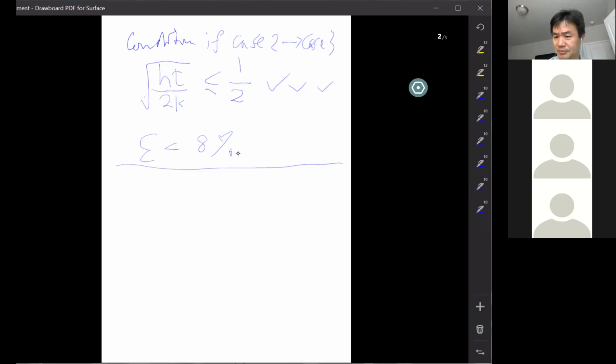Is that good? What I'm trying to say is that in reality, you barely see case one. Case one is probably out of the picture most of the time. But in reality, everything is like a case two, because case three is like insulated. Who will insulate the thing at the end? Nobody will do that, right?